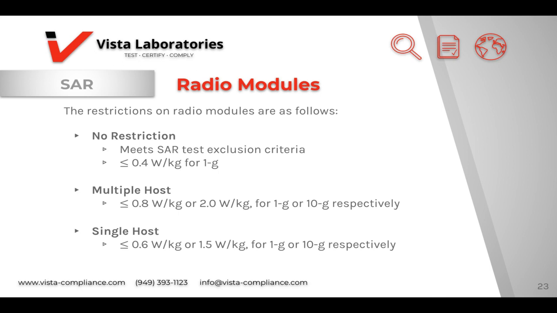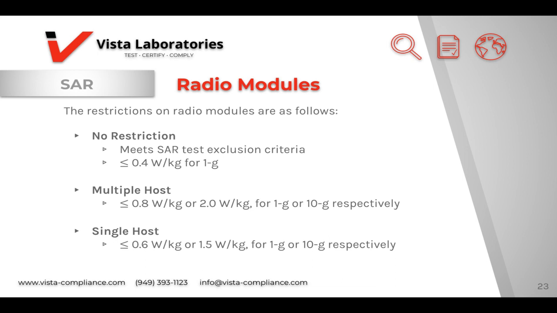This is applied for the test exclusion per the exclusion requirements, but basically a separation distance of 5 millimeters would be used. For a radio module to be restricted to multiple hosts or a single host, the requirements are 0.8 watts per kg or 2.0 watts per kg for 1 gram and 10 gram SAR for multiple hosts.